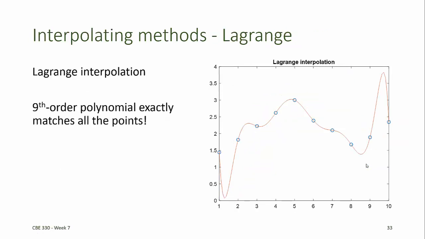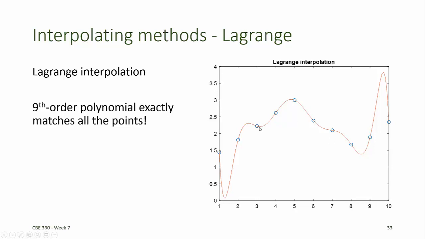For example, we could use the Lagrange method to develop a Lagrange interpolating polynomial. Because we have 10 data points here, the Lagrange interpolating polynomial is a 9th order polynomial, but it exactly matches all of the data points. This may be more suitable for interpolation, particularly at intermediate values of the independent variable.